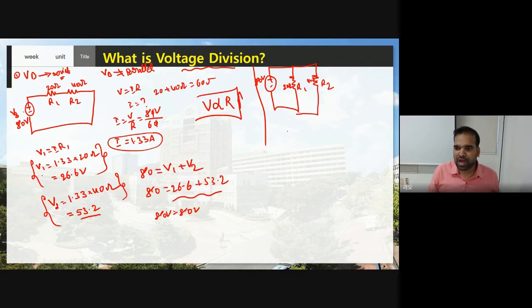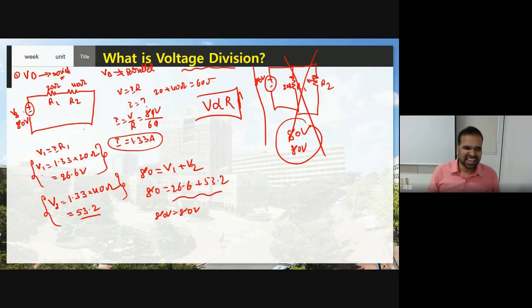If you ask what is the voltage at R1, we need to say 80 volts, and the voltage at R2 is also 80 volts. So when elements are connected in parallel, we don't use the concept of voltage division. It is not needed. When elements are connected in series, only then we have to use voltage division.